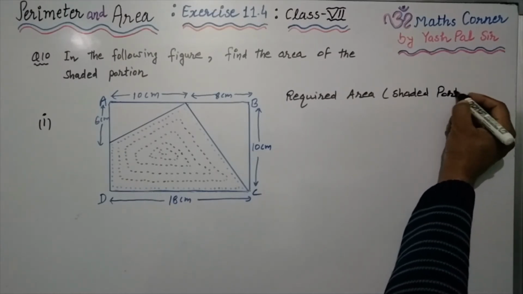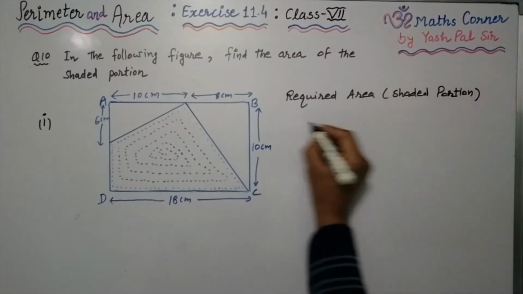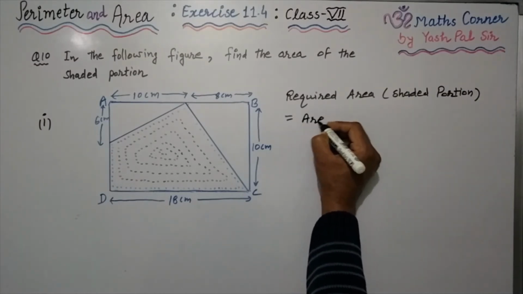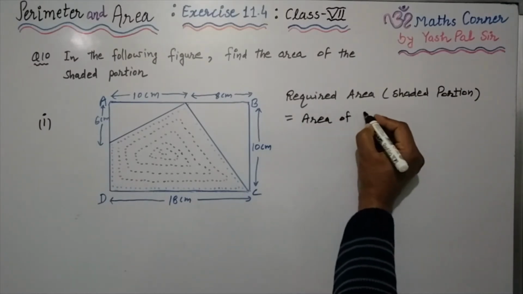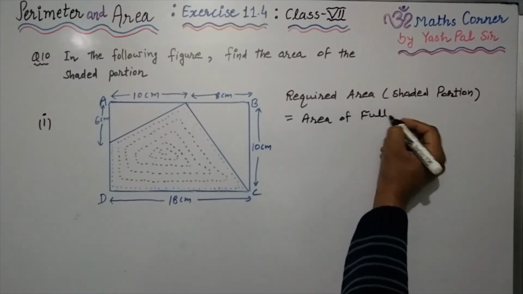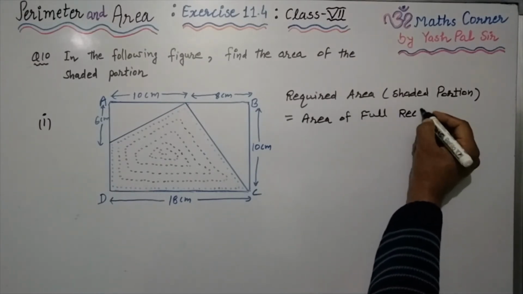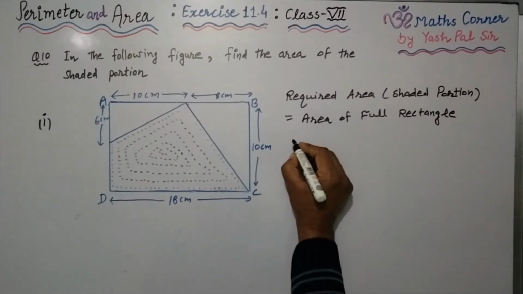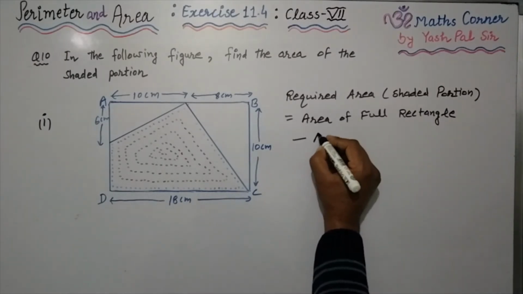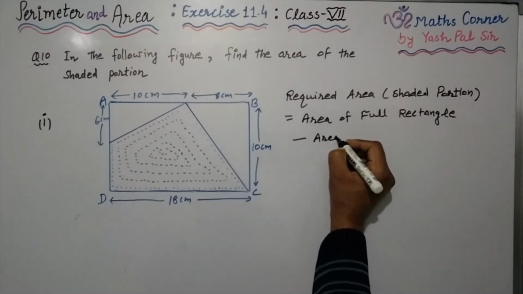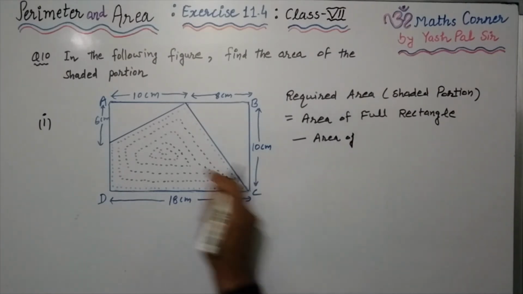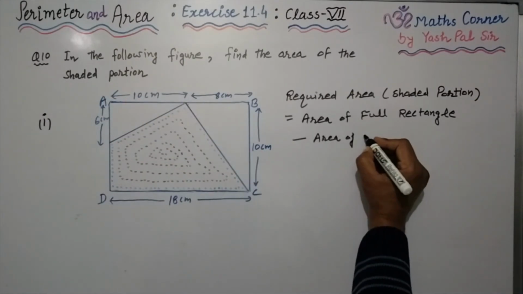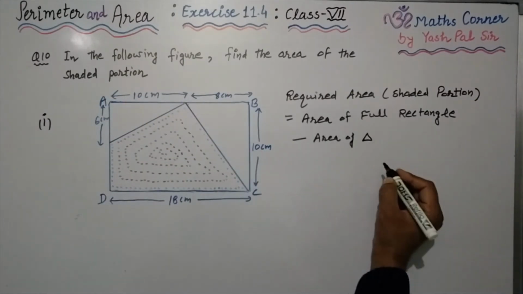Shaded portion is equal to area of full rectangle minus area of this small triangle.